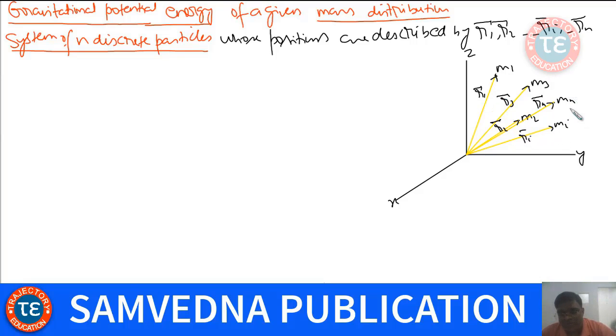So this is the mass distribution, a system of n discrete masses.